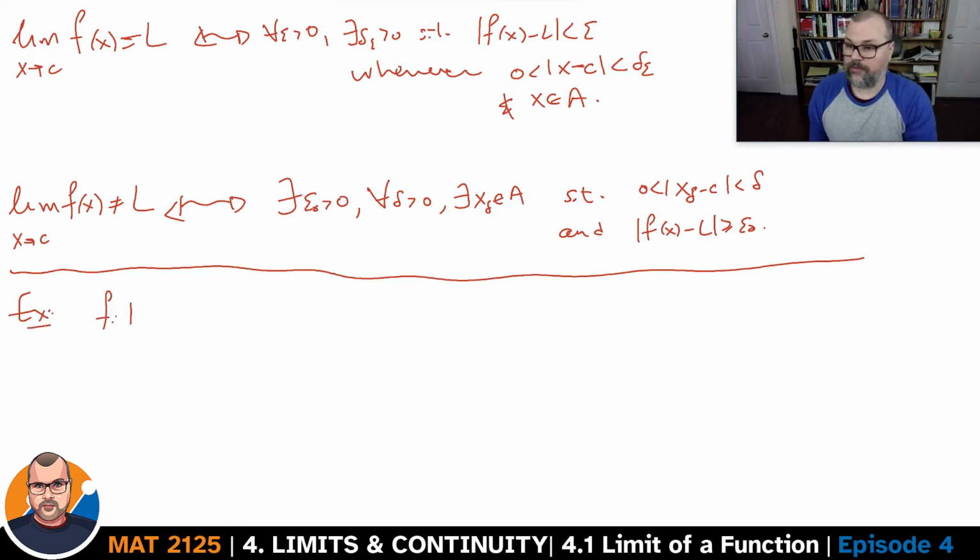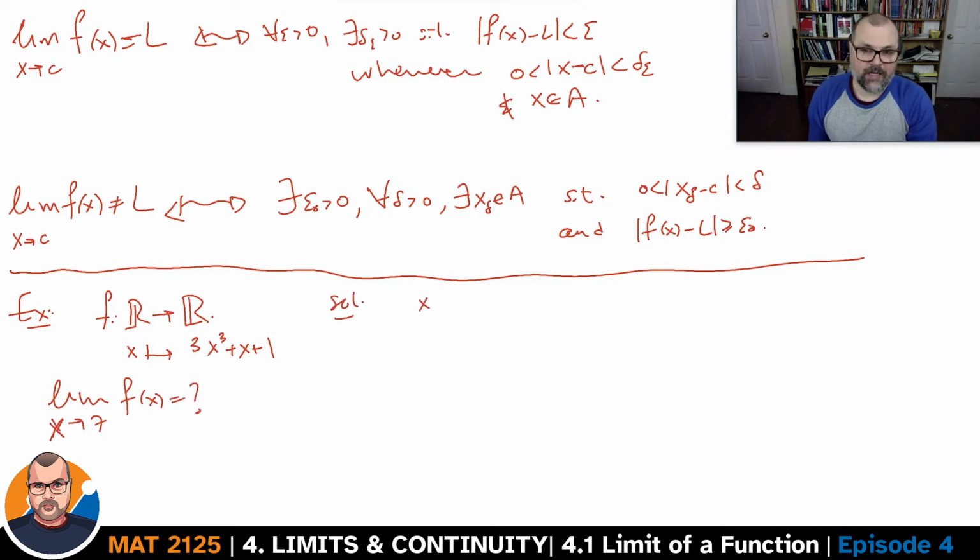Consider the following function from R to R, which associates every x to the polynomial 3x squared plus x plus 1. Its limit when x goes to 7. Well, pick any sequence xn which converges to 7, xn not equal to 7 for every n. The limit of f at xn will be the limit as n goes to infinity of 3 xn squared plus xn plus 1.